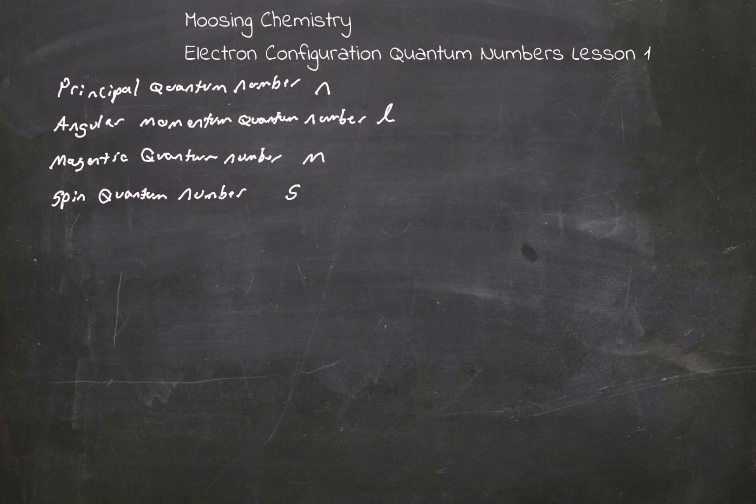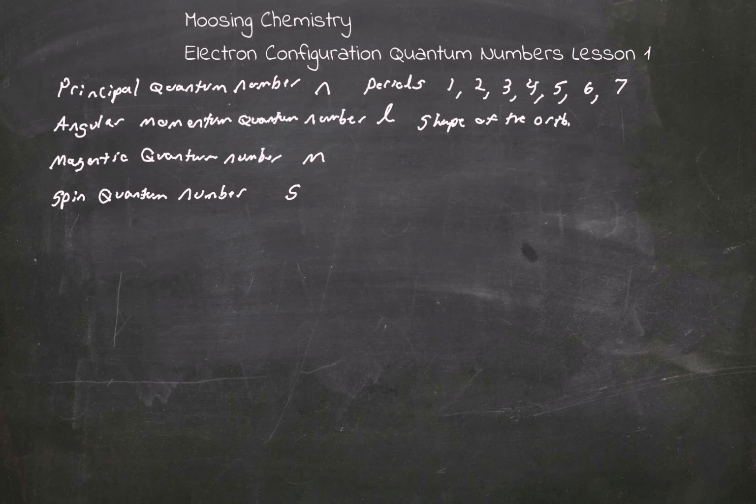Now, the principal quantum number deals with period levels, like 1, 2, 3, 4, 5, 6, and 7. The angular momentum number deals with the shape of the orbitals.